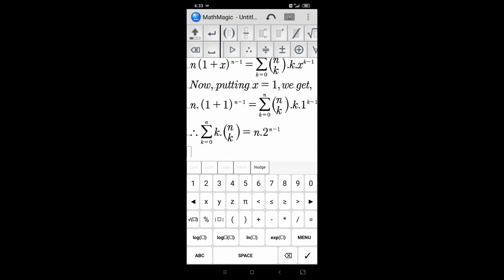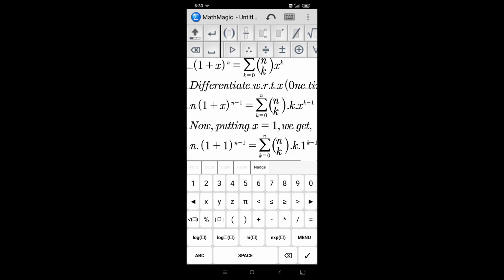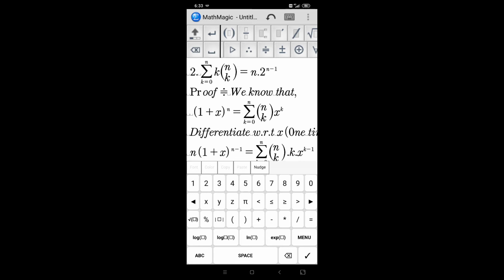So this is the proof, okay? So this is our right answer, okay? So this is the proof.